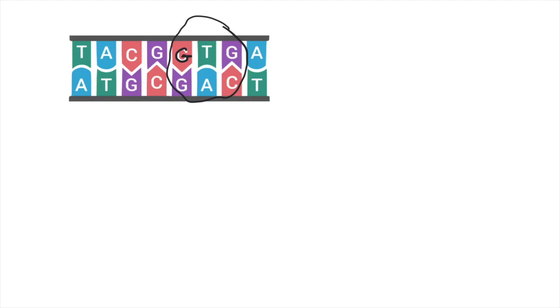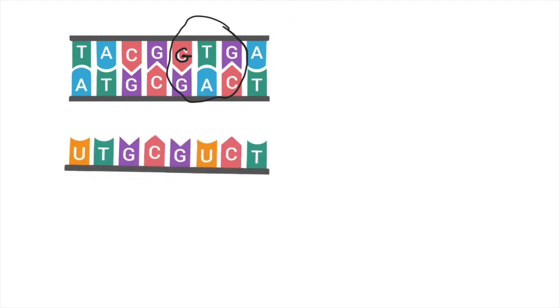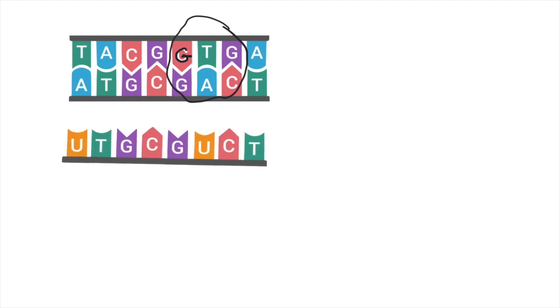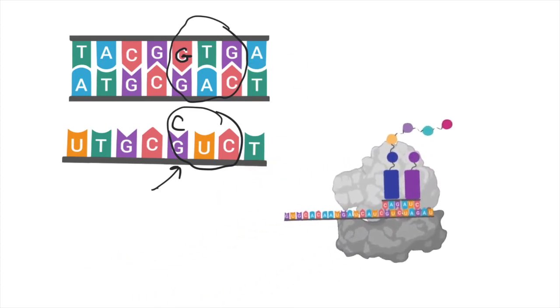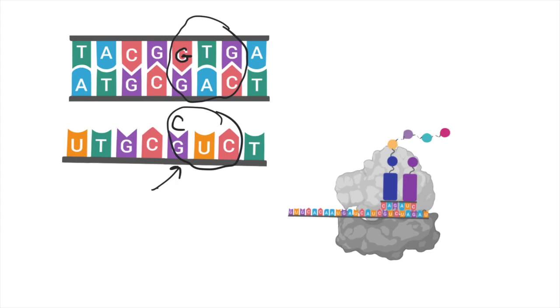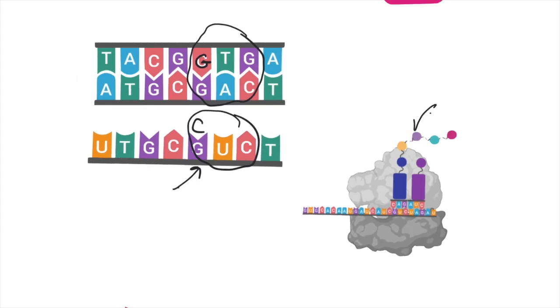Now this change in the DNA will cause a change in the messenger. So the messenger now, instead of this guanine here being guanine, will now become cytosine, and the triplet will now code for a different amino acid. So during the process of translation, you will end up having a different amino acid.